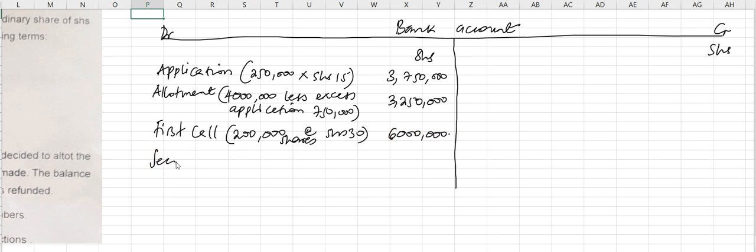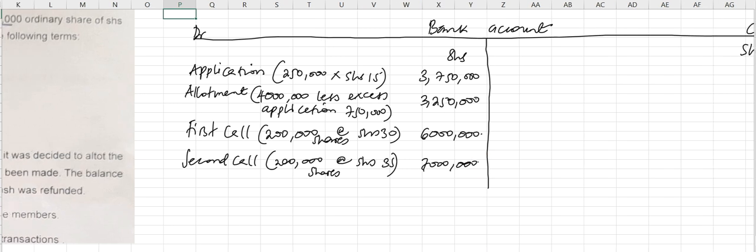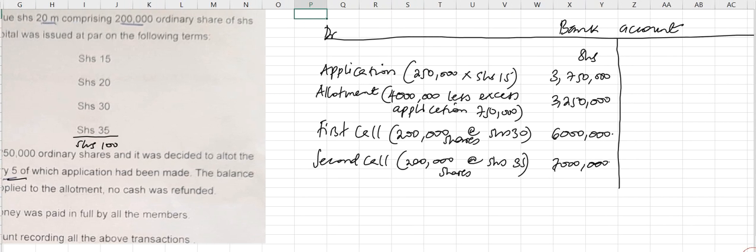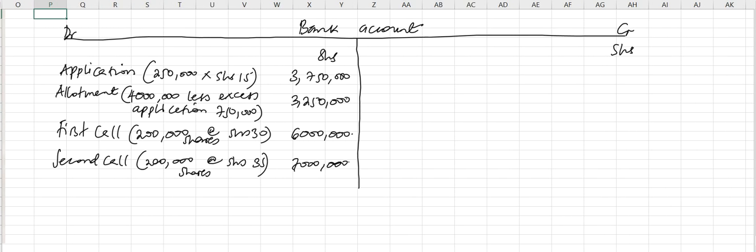Then second call, same shares, 200,000 shares at shillings how much? At shillings 35. That's on second call, and this gives us 7 million. You can see first call, second call, money is received for 200,000 shares, so that money is going to be debited in the business's bank account.